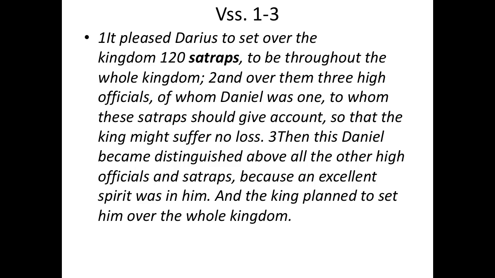"And one of them was Daniel, to whom these satraps should give an account, so that the king might suffer no loss." So Daniel is their boss. "Then this Daniel became distinguished above all the other high officials and satraps because an excellent spirit was in him, and the king planned to set him over the entire kingdom."